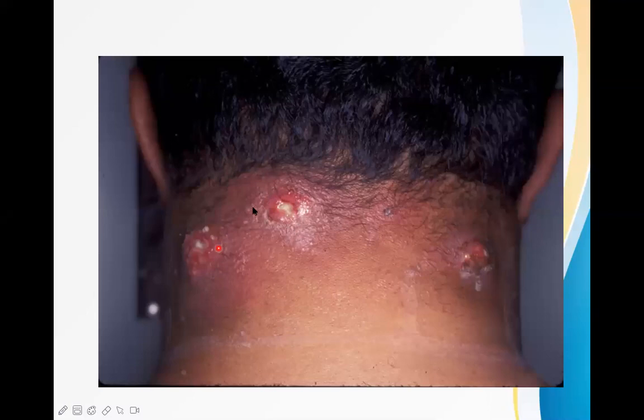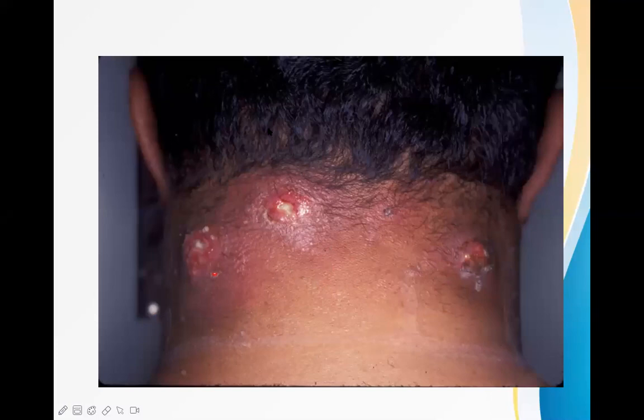This lesion will also expand very near to this. So this whole area will be converted into one big lesion, and this is carbuncle. So probably these are multiple furuncles at this stage, but after a few days most of these lesions will fuse with each other, and definitely a carbuncle will be formed.